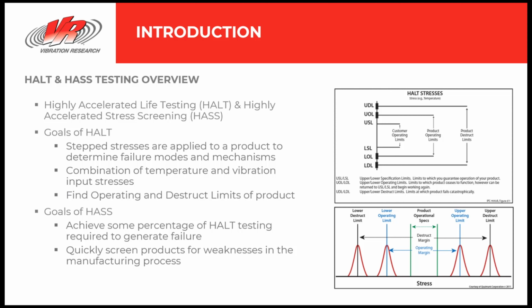HASS is a screening test that is typically applied after the manufacturing process. So HALT is usually done in the design and development process. HASS is usually done after manufacturing to verify that there weren't any additional weaknesses or changes to the original HALT product.